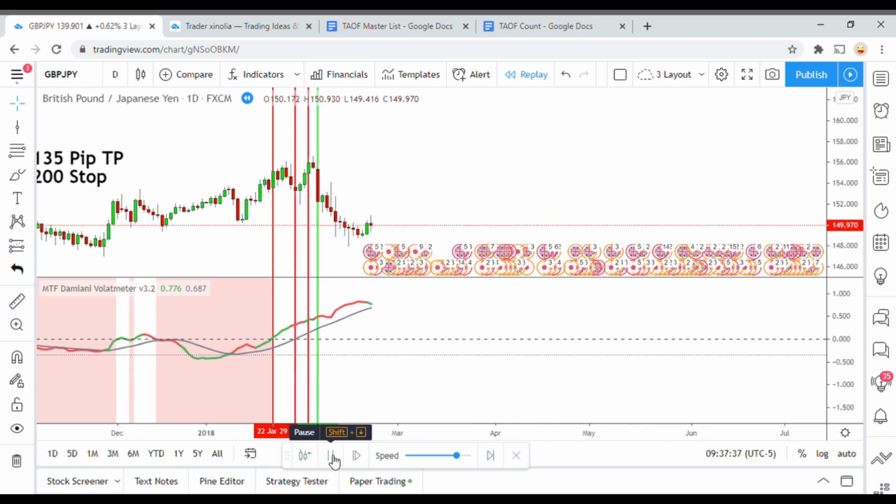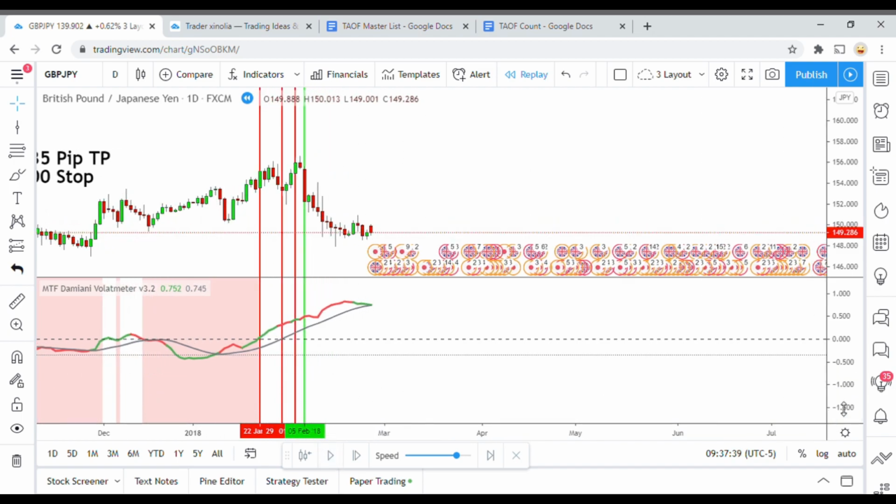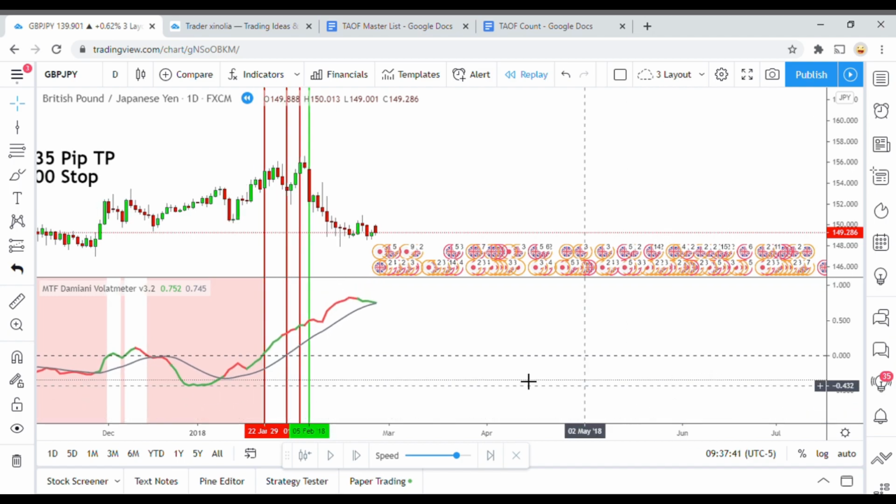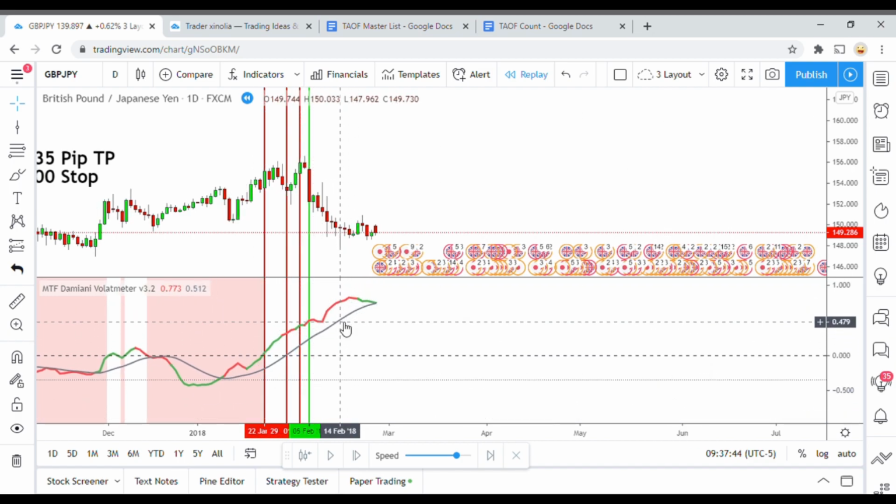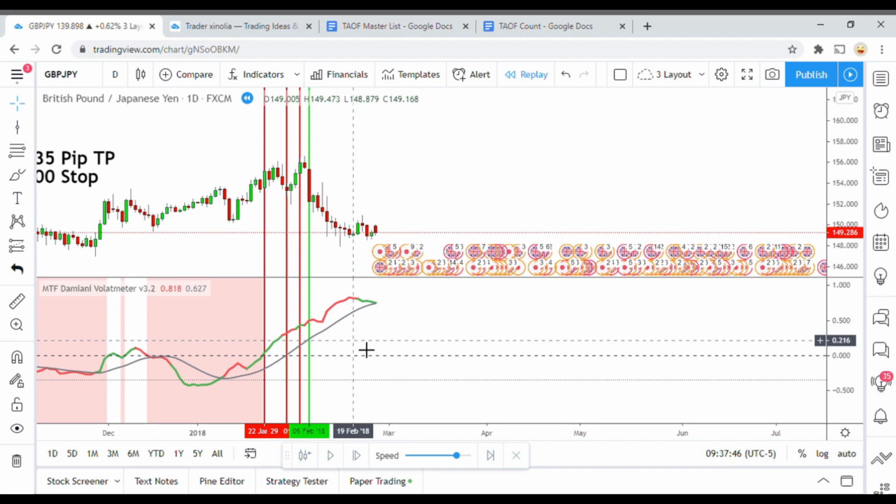All right, continuing on here. As long as the oscillating line stays above the momentum line, the gray line, we are going to continue to take signals.